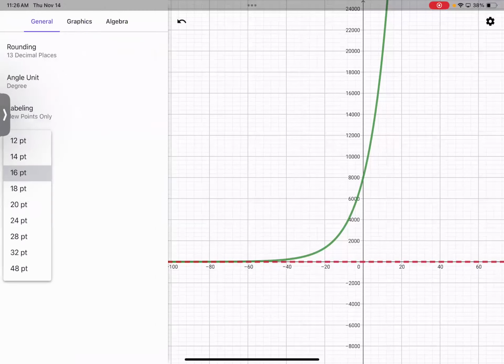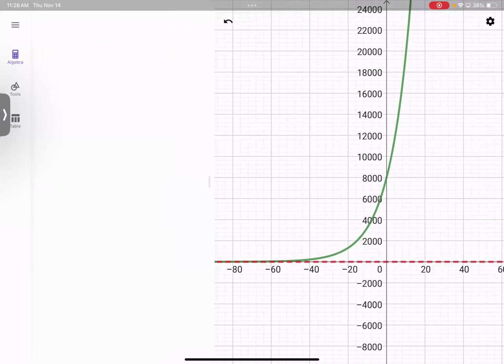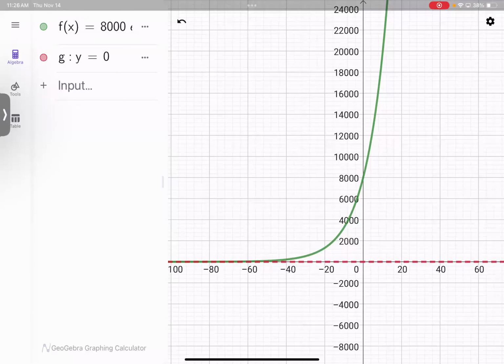What do y'all see up here at the top, right next to the green dot? F of X. What is that notation? Function notation, right? Now, ignore the fact that it says X right now. I did it for the thing to graph it like I wanted it to, okay?